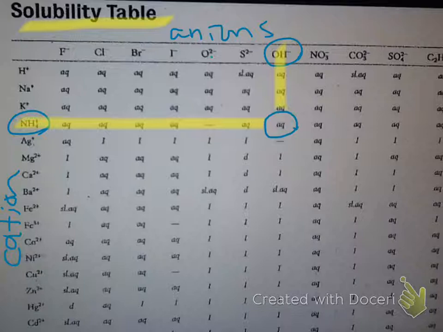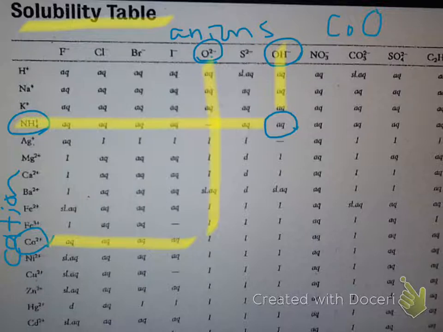What about cobalt(II) oxide? CoO. Is cobalt(II) oxide soluble in water? So we're going to find the cobalt cation, Co2+, and then we're going to find the oxide anion, O2-, and we're going to come across and come down, and where they intersect, we find out the solubility of that ionic compound in water.